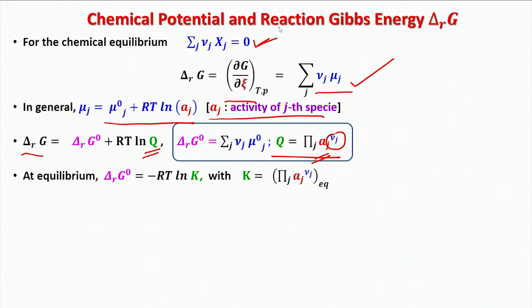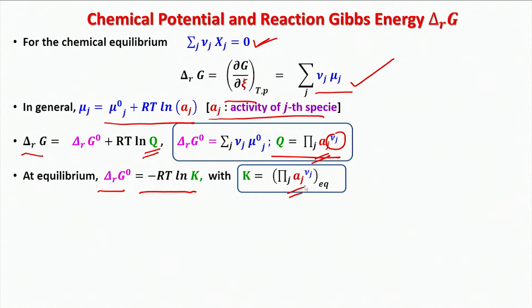And using all these relationships, I find that at equilibrium, this delta Rg naught is going to be equal to minus RT ln K, where K is the equilibrium value of the reaction quotient. And this tells me that if I know the equilibrium composition, and from there I can find out the activities as a function of the composition, I can find out K, and therefore I can measure what delta Rg naught is.